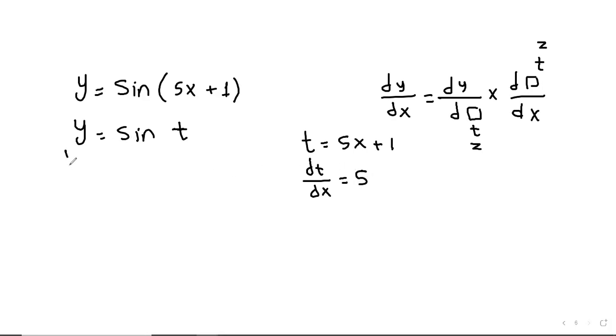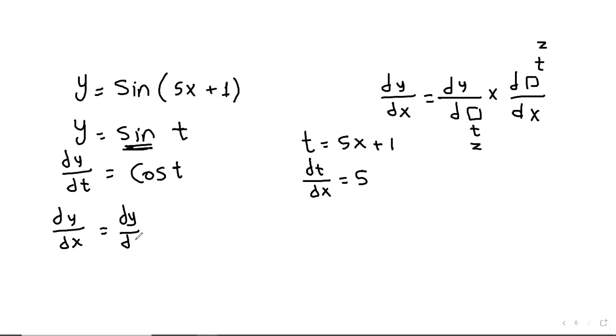Here dy over dt is equal to the derivative of sine, which is cosine t. Okay, so what about dy over dx? dy over dx is equal to dy over dt multiplied by dt over dx. And dy over dt is cosine t, so we can write cosine, and instead of t we write 5x plus 1, multiplied by dt over dx, which is 5.